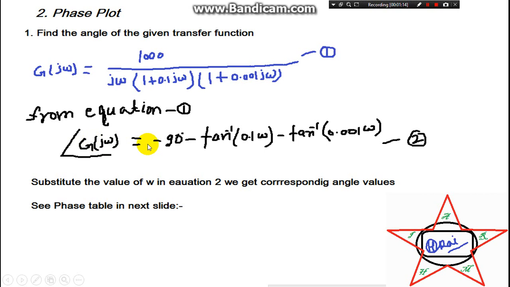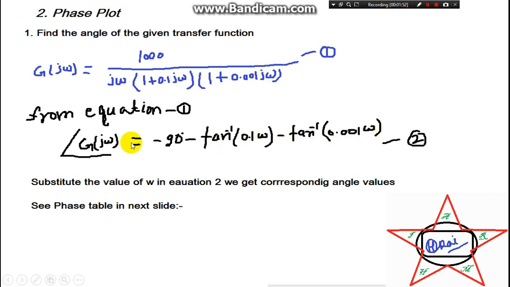The angle of G of j omega is equal to minus 90 degrees, because of 1 by j omega, which contributes minus 90 degrees. 1000 has no imaginary part, so it gives 0 degree angle and has no contribution. So for this term we have minus 90 degrees. 1 divided by 1 plus 0.1 j omega gives minus tan inverse of 0.1 omega, and for this part it is minus tan inverse of 0.001 omega.